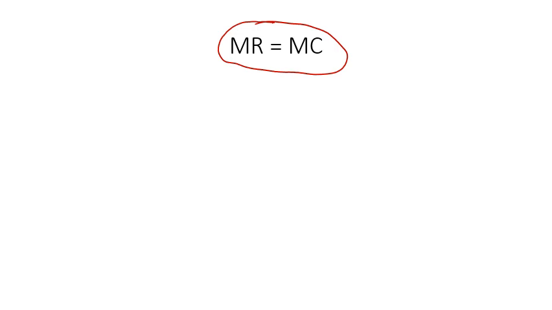Once again, how do we know that MR equals MC has been achieved? When the last unit produced contributes just as much to total revenues as it does to total cost.